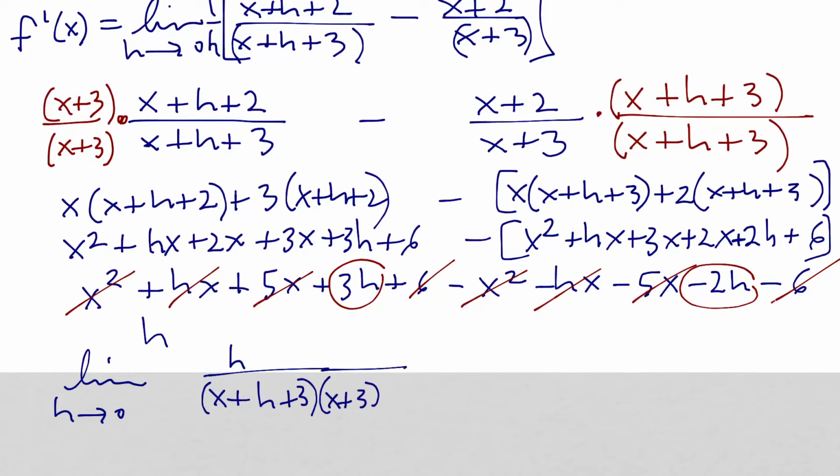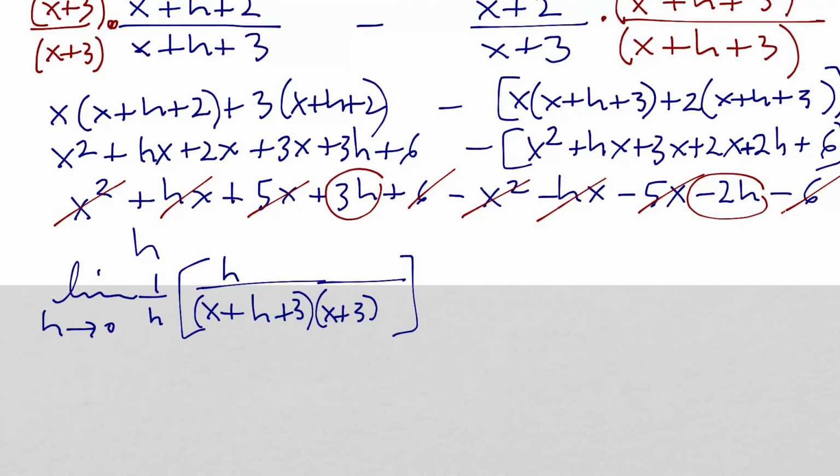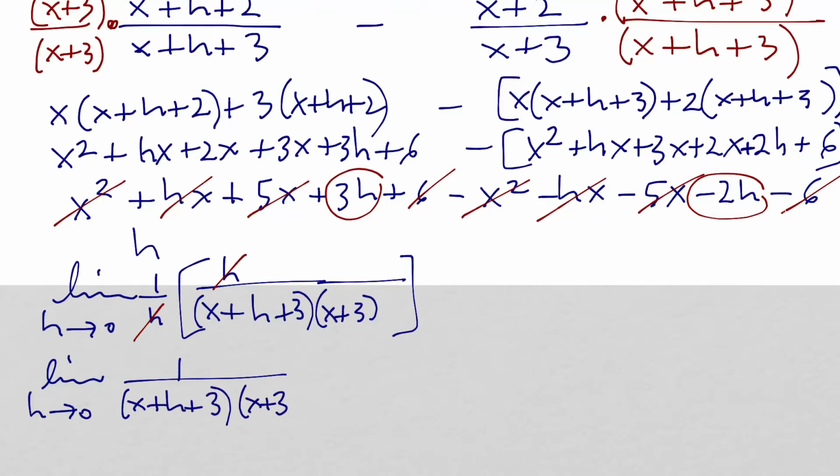And then I've got my 1 over h right there. Okay, so now we can cancel the h's, and we're going to take the limit as h approaches 0 of 1 over x plus h plus 3 times x plus 3.